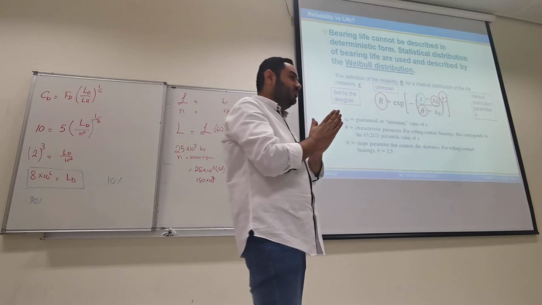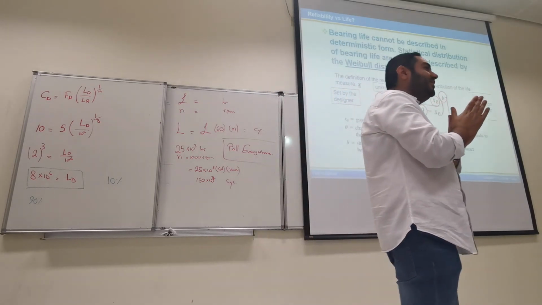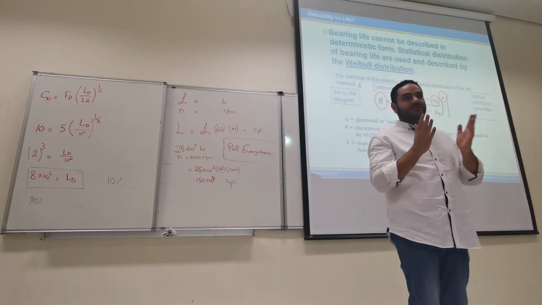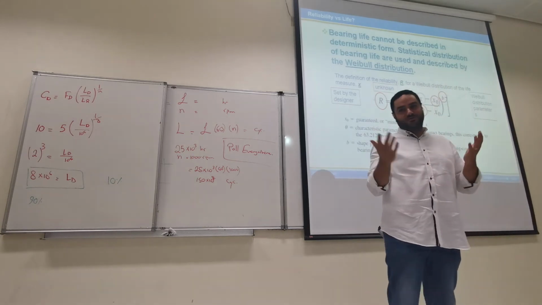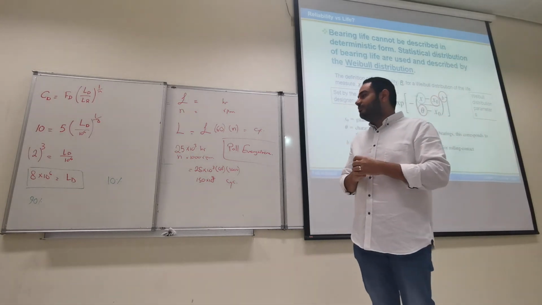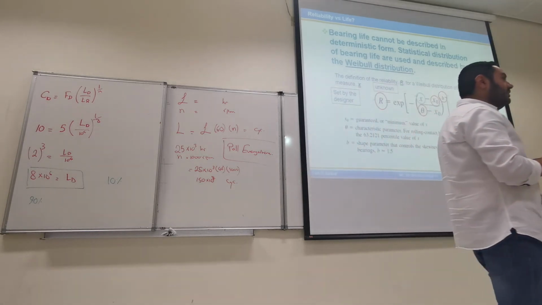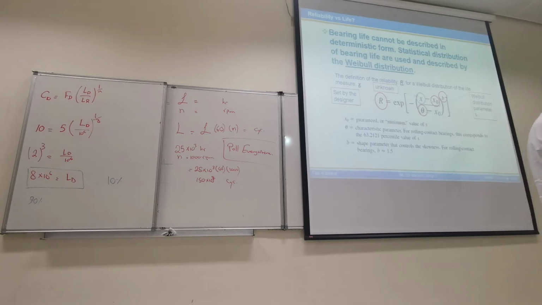As a manufacturer, what would happen to your business? Definitely it will fail because a lot of returns would come. So 90% actually is not a good value for reliability.